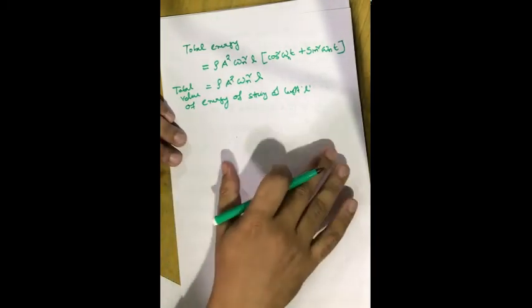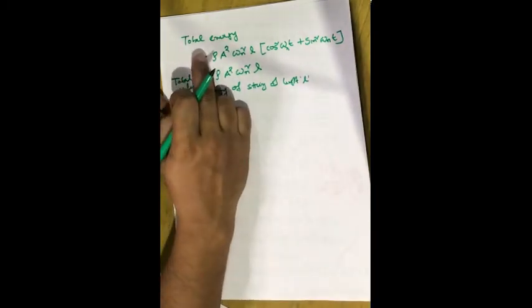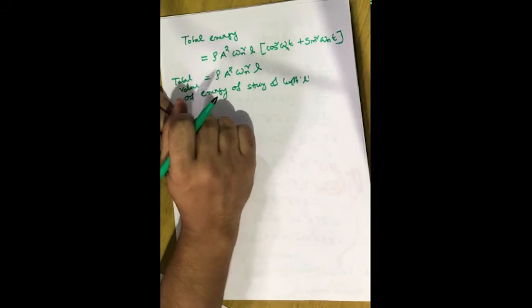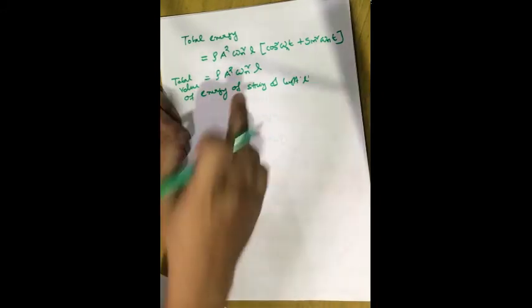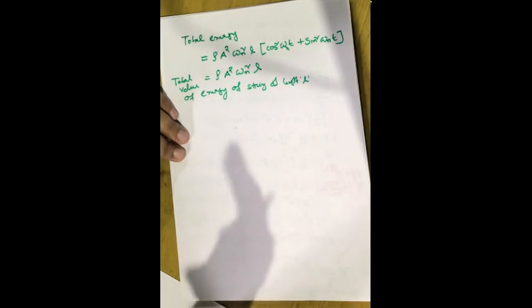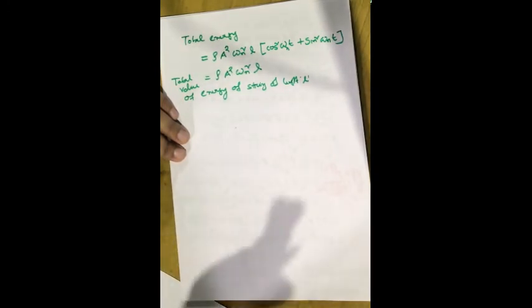Now one thing is very clear here: we don't have to do any time average of the total energy, because since this is a standing wave, it doesn't vary with time. We always do a time average if a quantity varies with time, but in a standing wave the positions are always fixed.